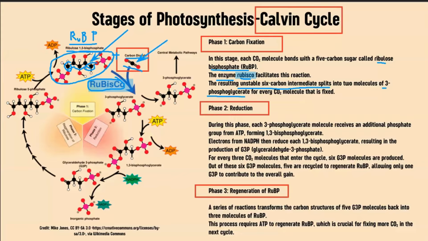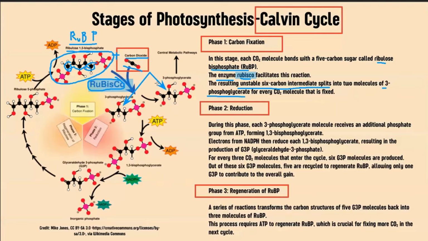So that makes 6 carbons, right? They combine together, and 6 divided by 2 is 3. So you have 3-phosphoglycerate here and 3-phosphoglycerate here. So you have 2 molecules here. What you need to note is that for every 1 carbon dioxide that starts off a reaction, what ends up happening is you have a molecule that splits with RuBP.